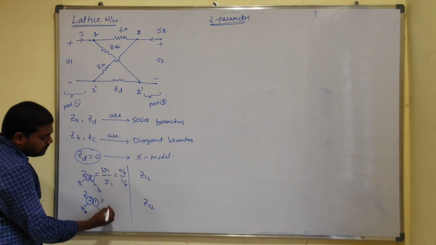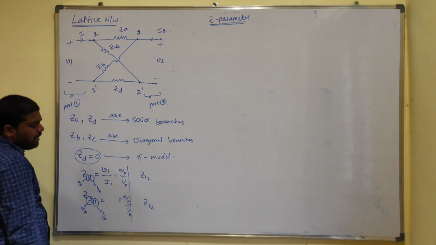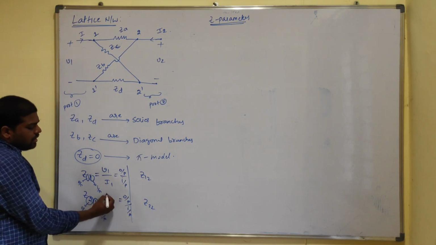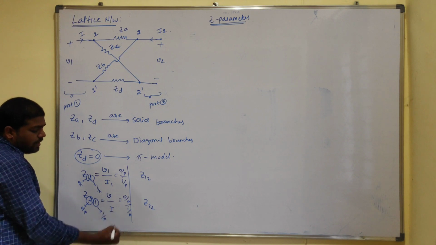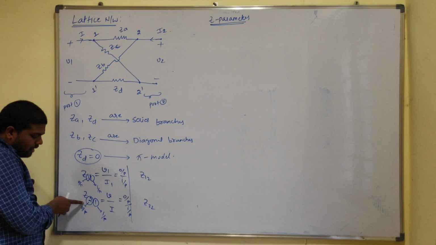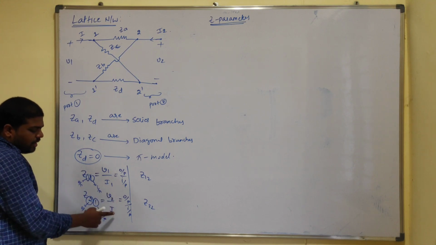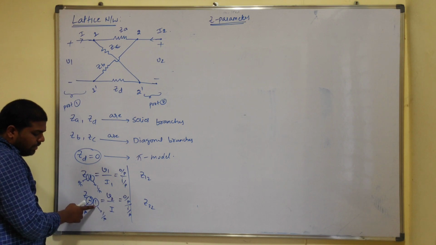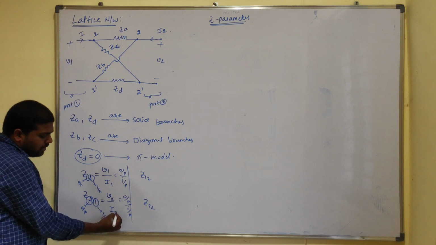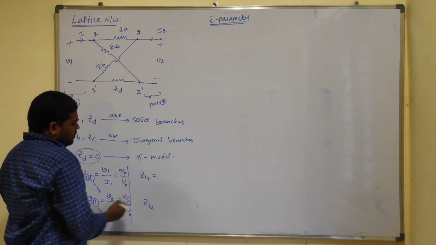Similarly, here also output by input: Z means voltage by current. The voltage at the output, port 2, is V2, and the input variable is the current I1. Similarly you can write the other two.